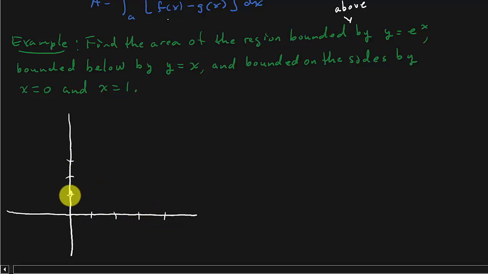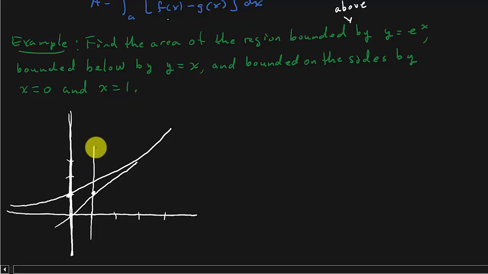If we graph y equals e to the x, and then we graph y equals x, that's going to look something like this. And also the line x equals 0, which is just the y-axis, and the line x equals 1, which is this. So we're looking for this area right here.